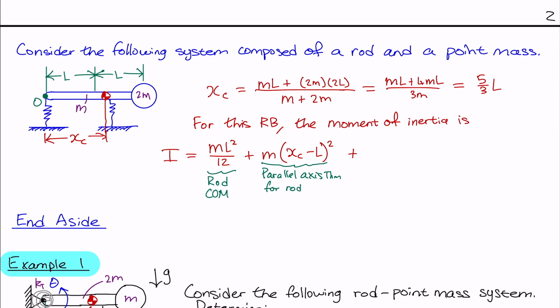And then lastly, for the point mass, we're going to get 2m times quantity 2L minus xc, this quantity squared. And that's our parallel axis theorem for that point mass.